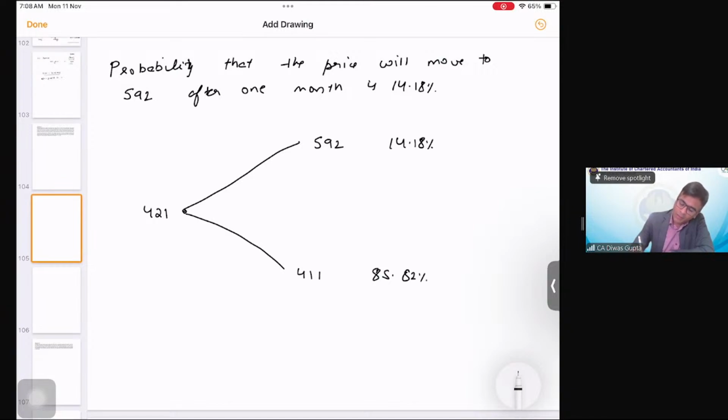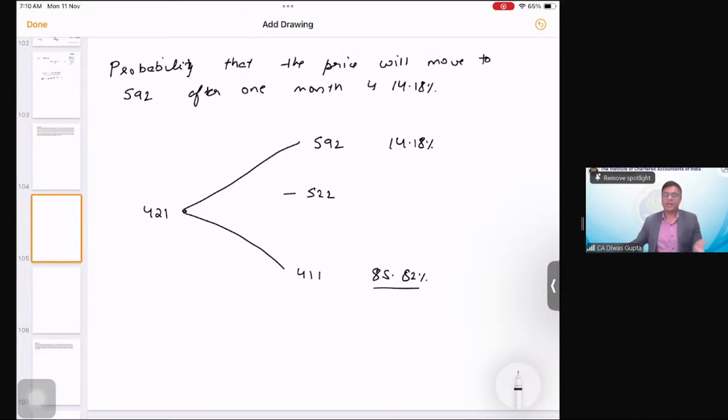And the 522 price will rest somewhere in between at this level. Clear? So the probability of price going down is more. Correct?